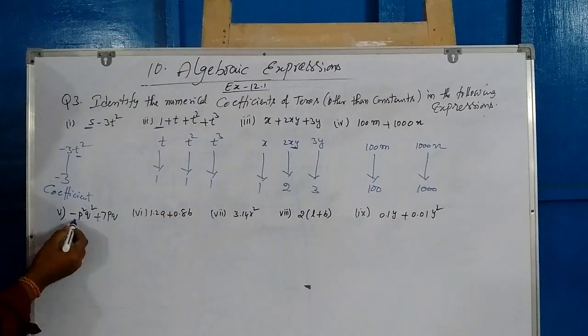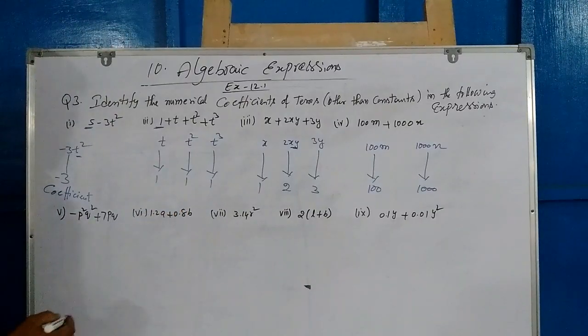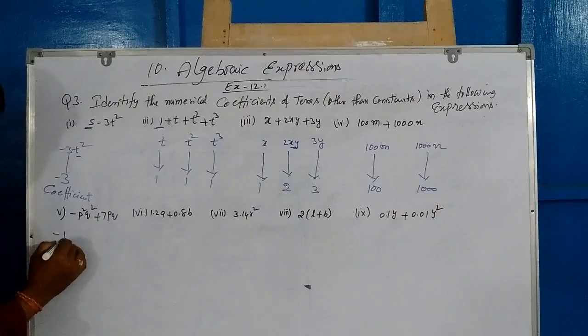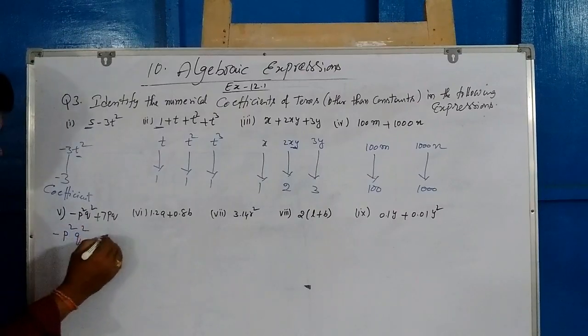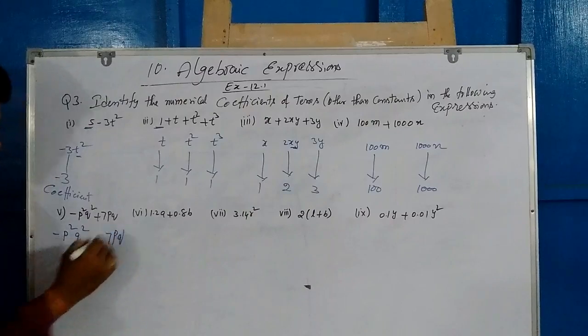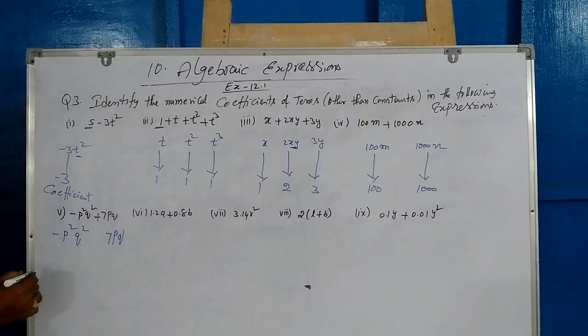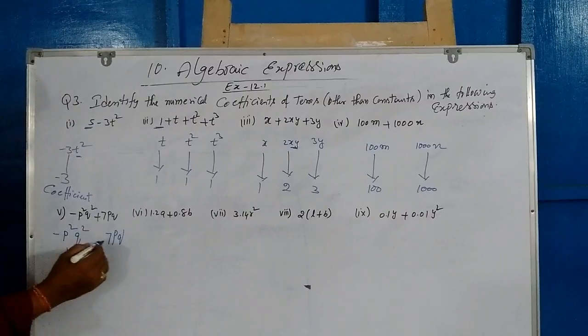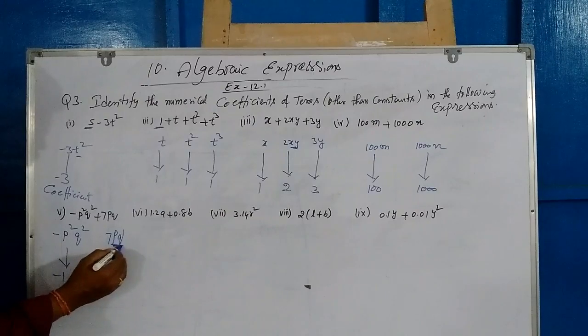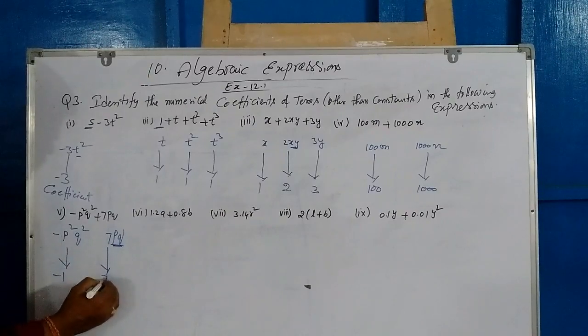Fifth one, minus p square q square plus 7pq. Here also we have two terms. Minus p square q square, and 7pq. So p square q square is the variable. What is the coefficient? Minus 1. 7pq, pq is the variable. What is the coefficient here?